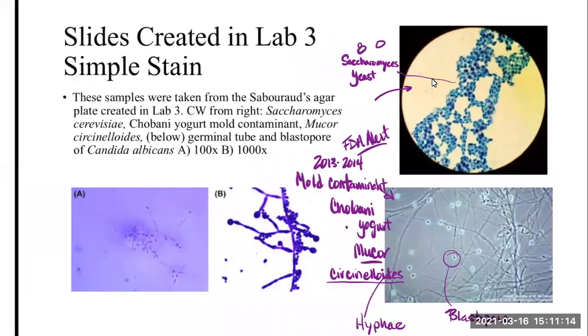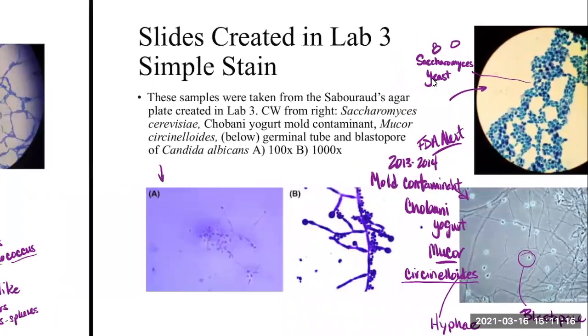And this one down here is also yeast, but this is the yeast that causes vaginitis. This is a low magnification, and this one's a higher magnification. Again, just doing a simple stain, methylene blue.